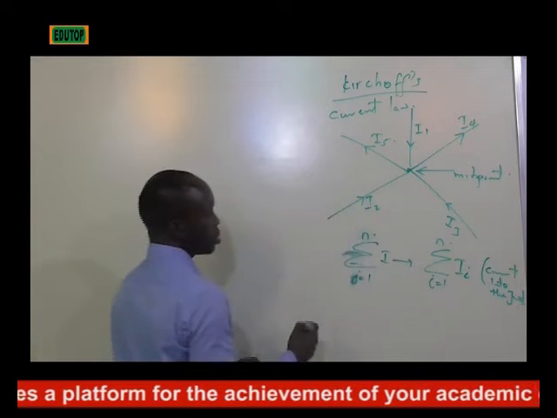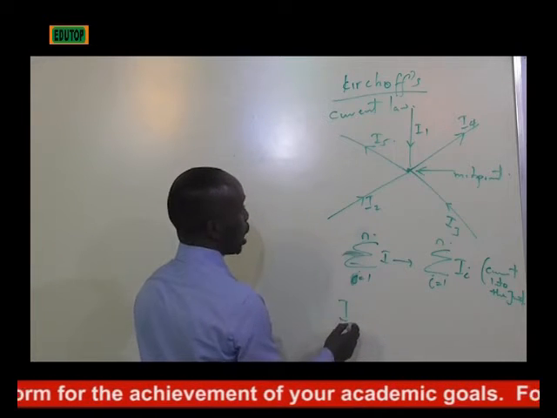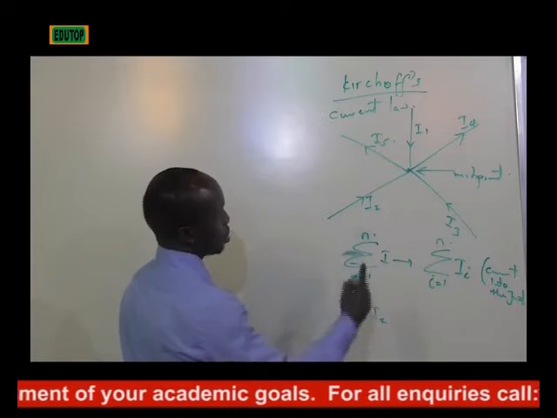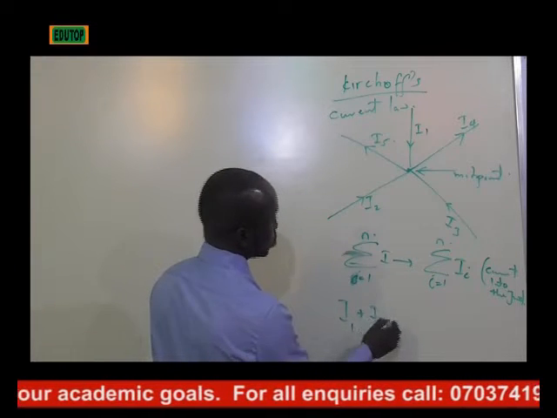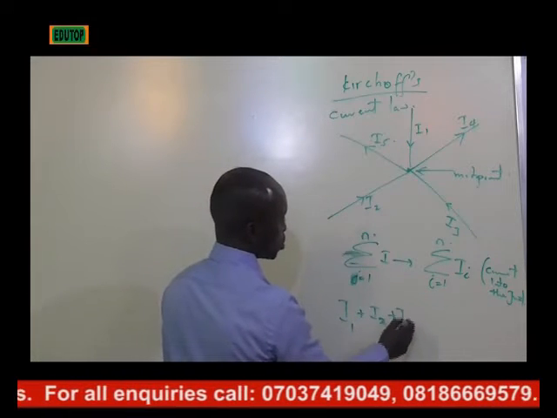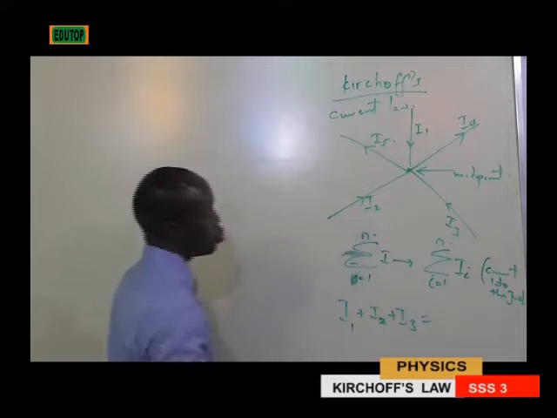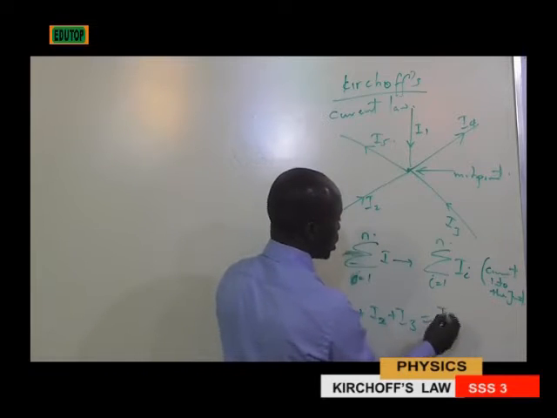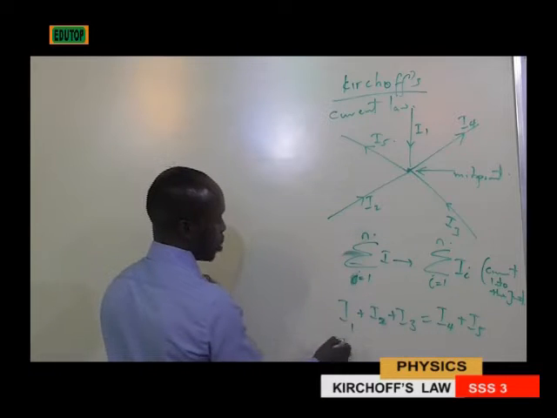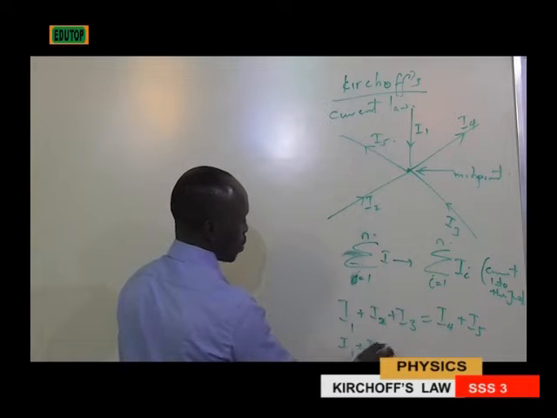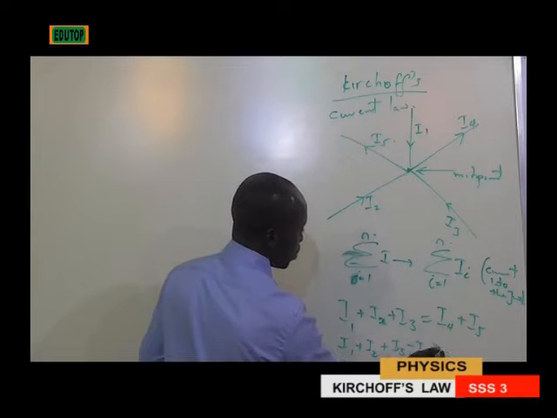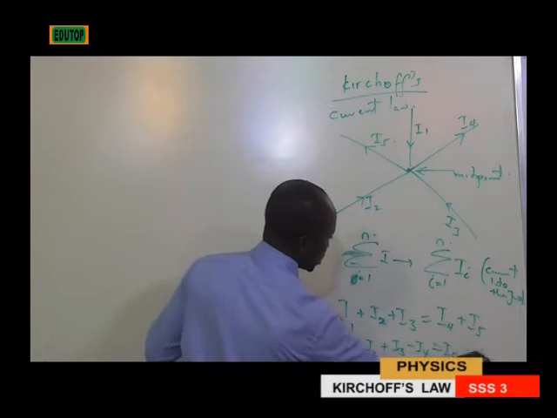So if we are to consider current into the junction, now we have your I1 plus your I2. I1 is flowing in, I2 is flowing in, then I3 is flowing in. So plus your I3 will now equal those currents that are flowing out. That will be I4 plus your I5. So if you bring them in, you have I1 plus I2 plus I3 minus I4 minus I5. You can see it becomes 0.